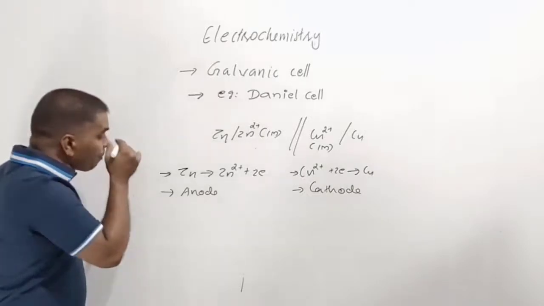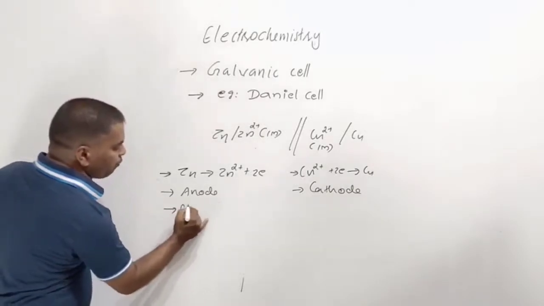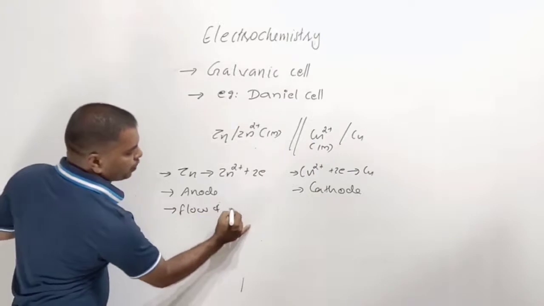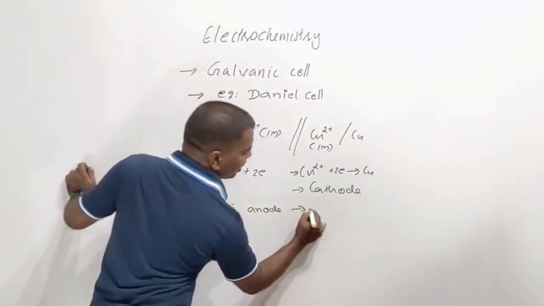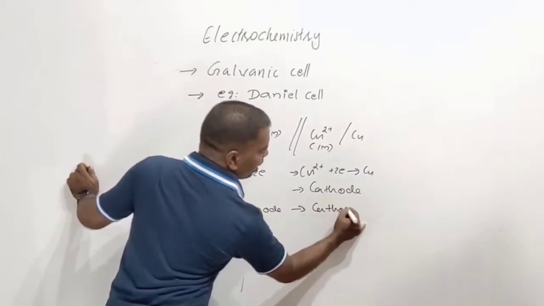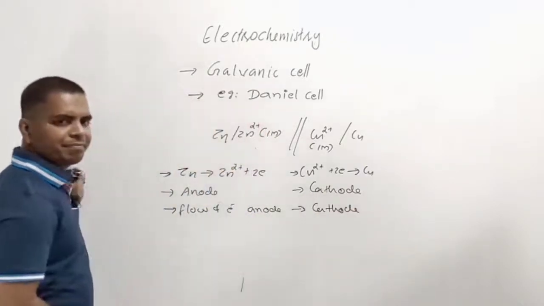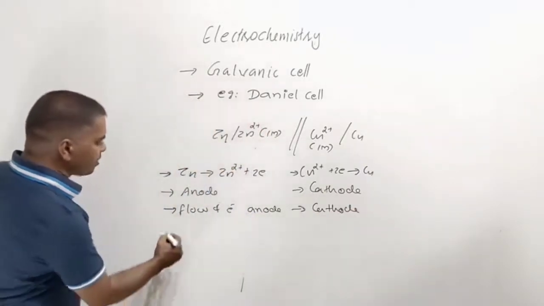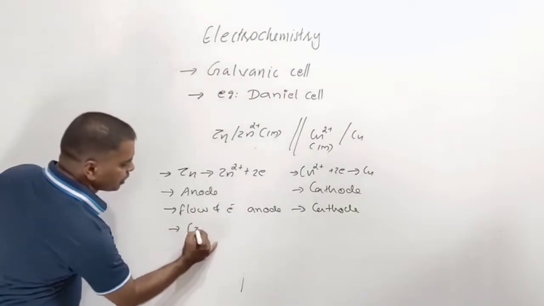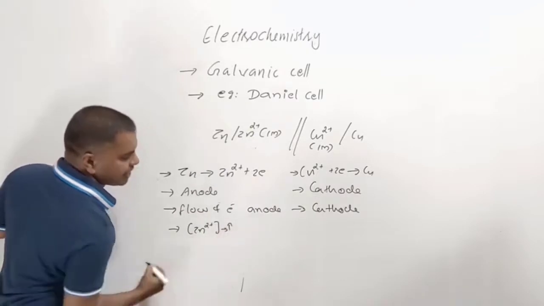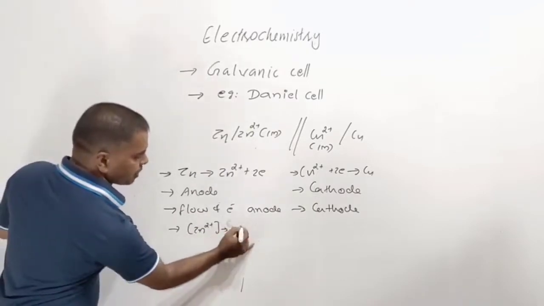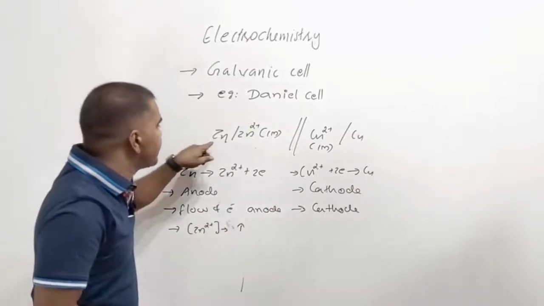Flow of electrons is from anode to cathode, right? Due to oxidation, the concentration of Zn2+ increases, that is, zinc becomes Zn2+.